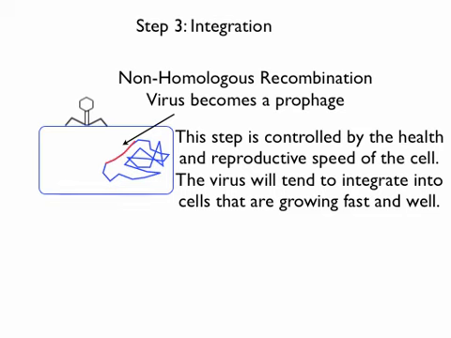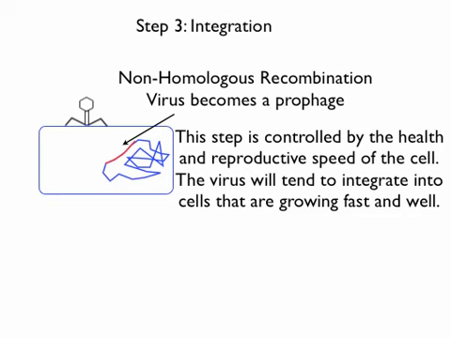And this part of the bacterial genome gets attached to the viral genome, and this part of the bacterial genome gets attached to the other half of the viral genome, and the viral genome inserts itself into the bacterial genome. This step is called integration, and once the viral genome has integrated, it's now referred to as a prophage. It's still a virus, but now it's also a part of the bacterial chromosome. It's a virus that's living inside of the bacterial chromosome.